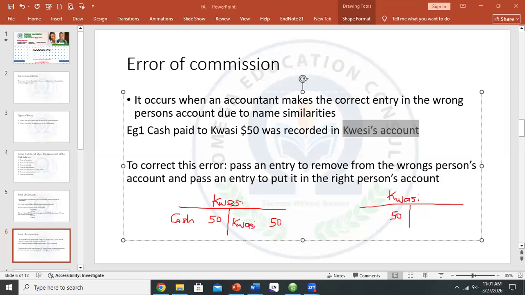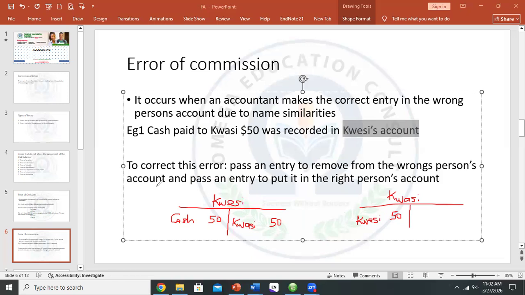So we credit wrong Kwesi with proper Kwesi 50, and we debit proper Kwesi in the name of wrong Kwesi. So if we see this transaction, what it means is that this 50 was put in wrong Kwesi's account. We have gone to remove it into the right Kwesi's account. So the double entry will be that.